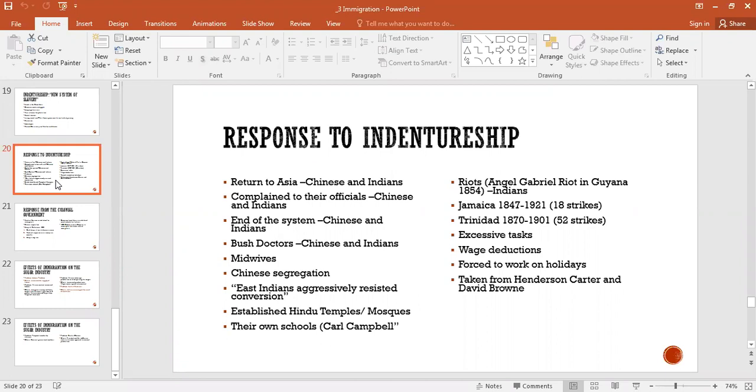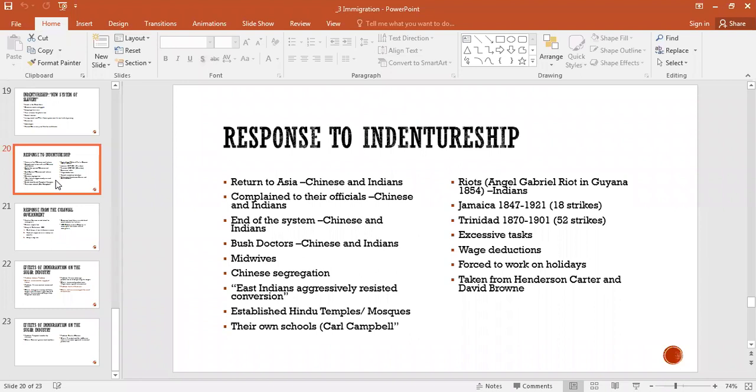Another thing that they're going to do is riot. Don't think that the Indians and the Chinese were just going to sit down and say, all right, planter, do whatever you want to do with me. No. So you have the Angel Gabriel riot in Guyana in 1854. You had over 18 Indian strikes in Jamaica between 1847 and 1921.